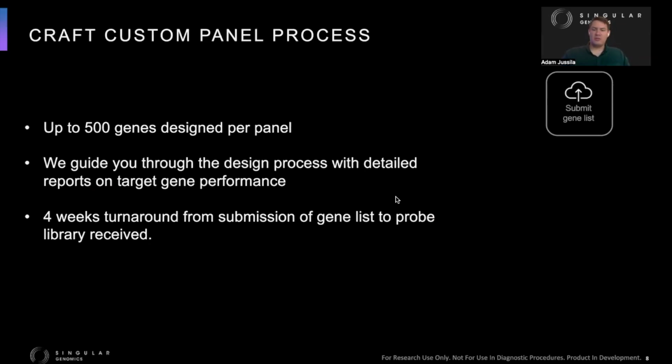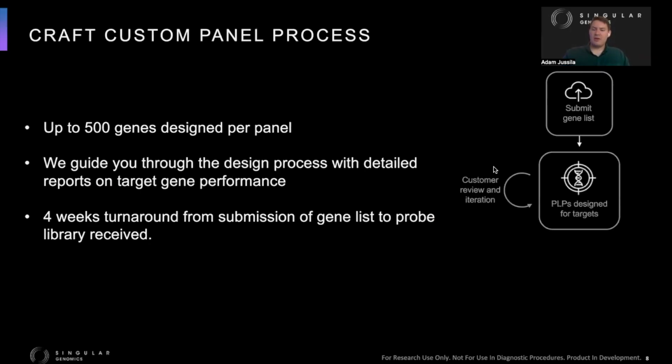And we guide you through this design process, giving you detailed reports on the target gene performance. These reports allow you to review what we've done and come back to us with critiques or changes you'd like made. And we do this in an iterative fashion, allowing us to hone in on exactly the panel that you want to come out of this whole process.